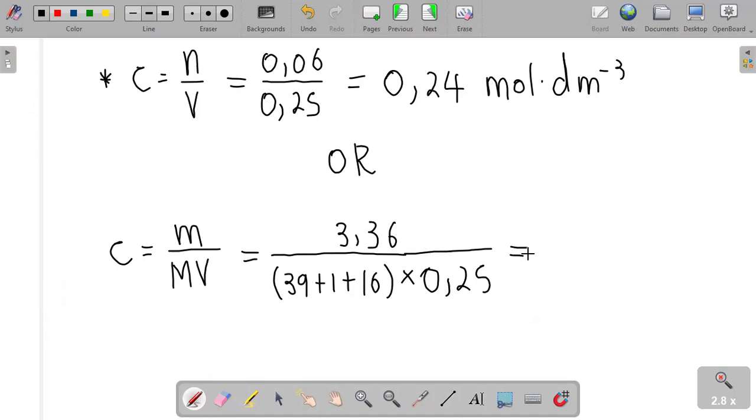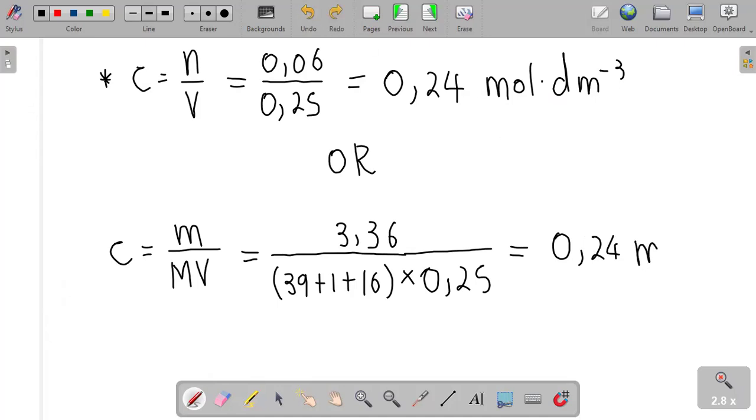Then we get the answer, 0.24 moles per cubic decimeter. So if we use this formula, we don't have to do anything else.